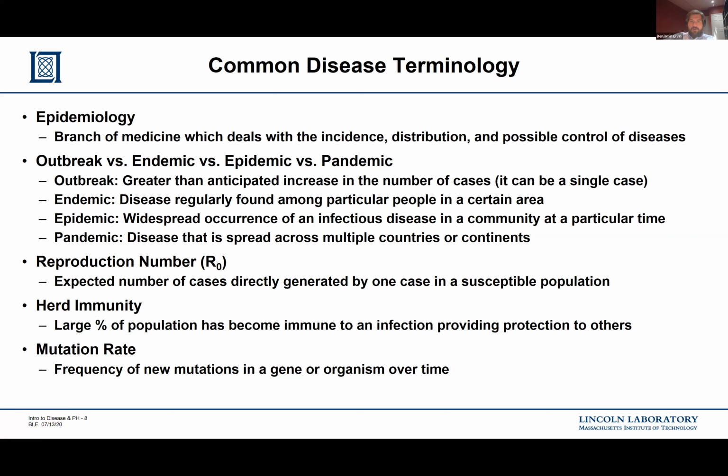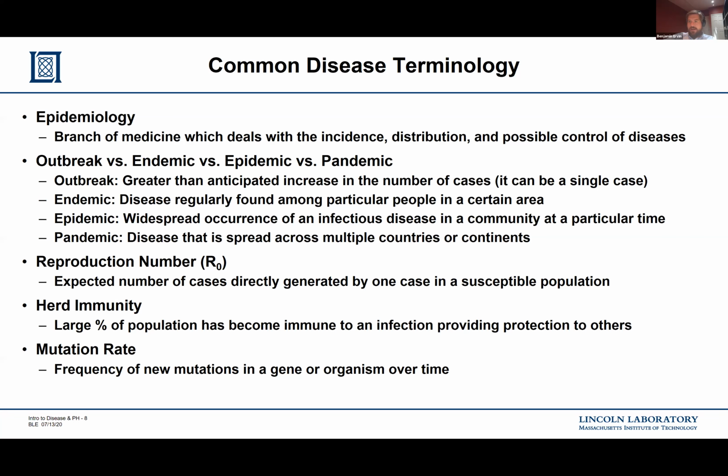The terms outbreak, endemic, epidemic, and pandemic are used loosely a lot of times, but they have more specific meanings. So with an outbreak, if somebody shows up at MIT with Ebola, just one person, that's an outbreak, because we don't expect anybody to have Ebola at MIT right now. So that can be basically a single case. Endemic is something that is regularly found amongst a particular people in a certain area.